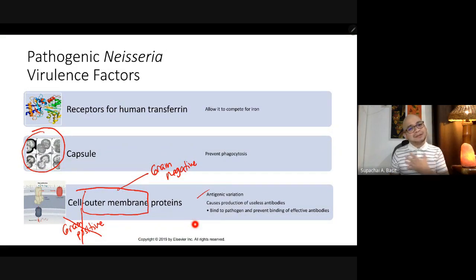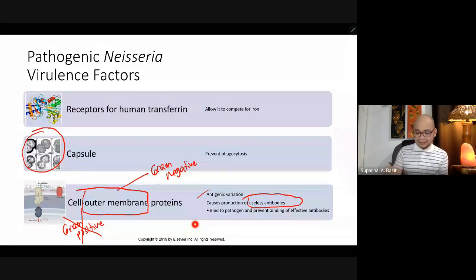Because our immune system is exposed to these outer membrane proteins, we will be producing antibodies, but these antibodies are useless. They just bind to the pathogen and prevent the binding of effective antibodies.